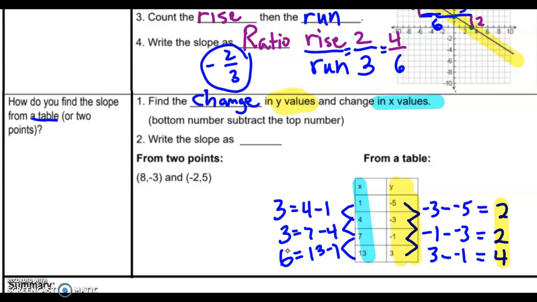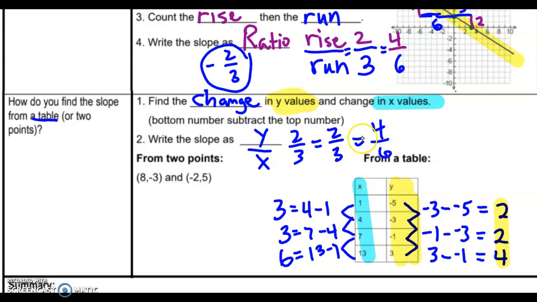Okay, and we're going to write the slope as y over x. So that would be 2 over 3, right? And 2 over 3 and 4 over 6.